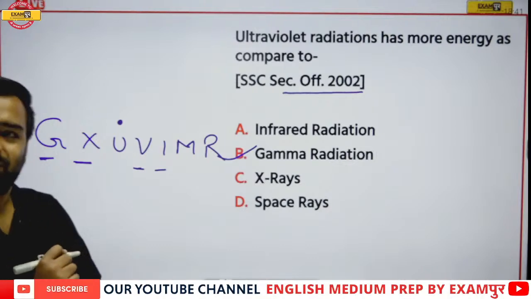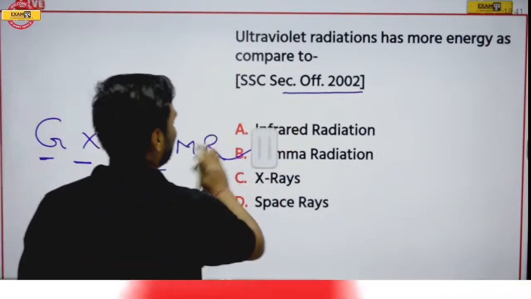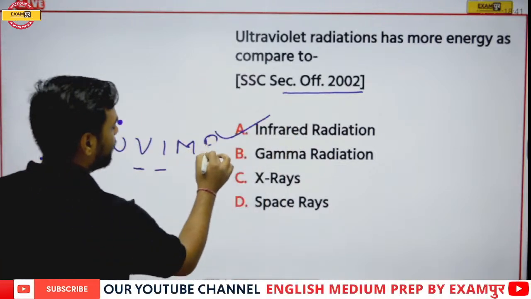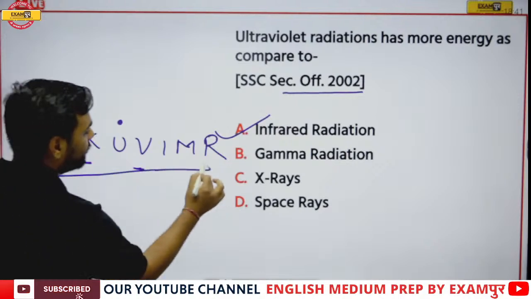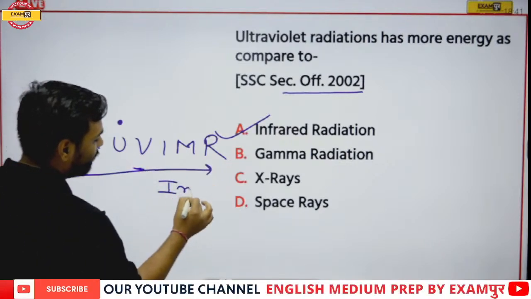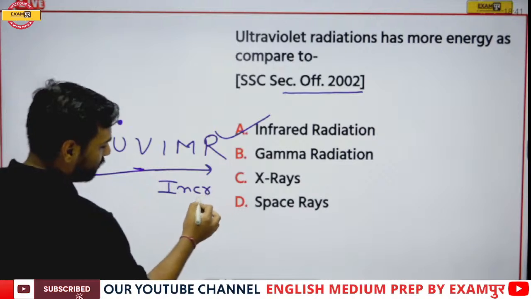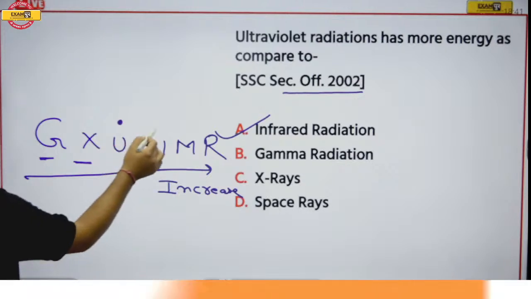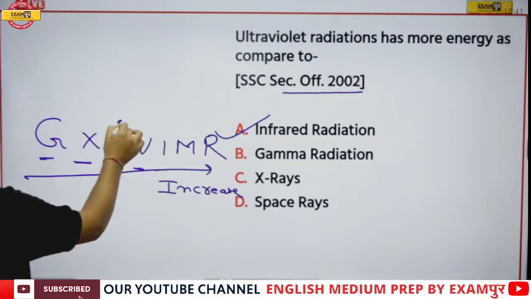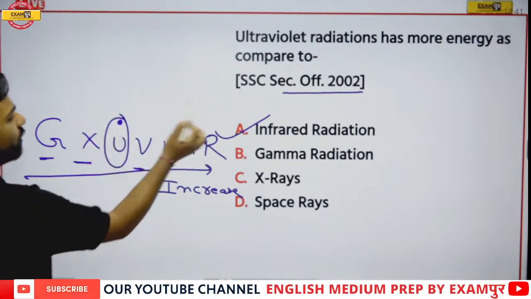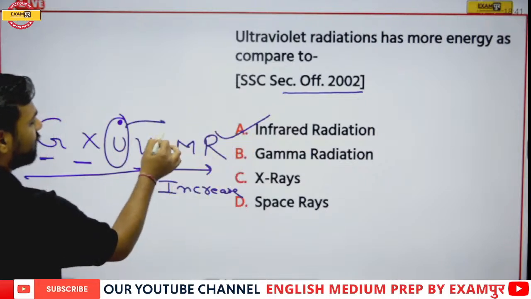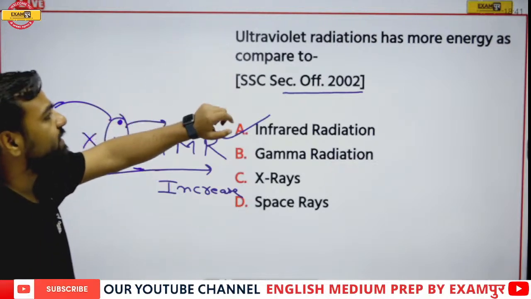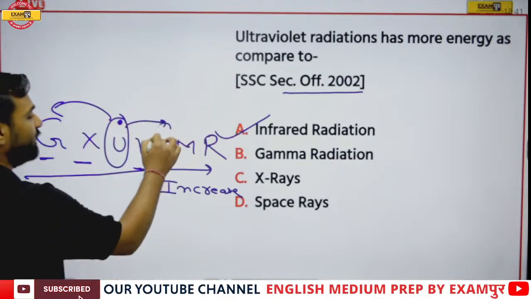Okay, so you all are going with option A. Yes, if I go with this part GXUVIMR, please remember when we are moving forward, this means we are talking about the increasing level of energy. There would be an increase in the energy, and we are comparing with the ultraviolet ray. Infrared is above that, but gamma and X-ray are before that. So ultraviolet ray has more energy in comparison to this.